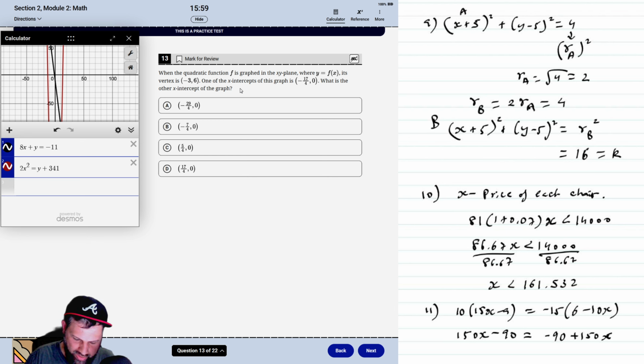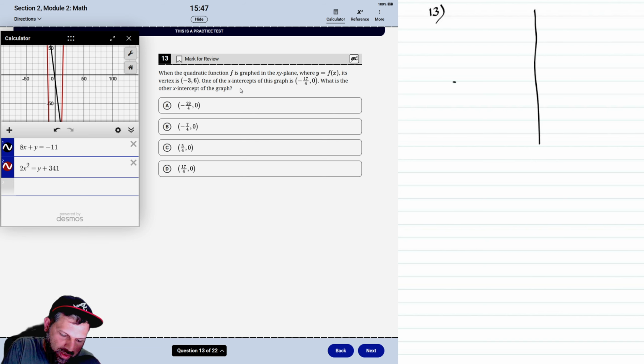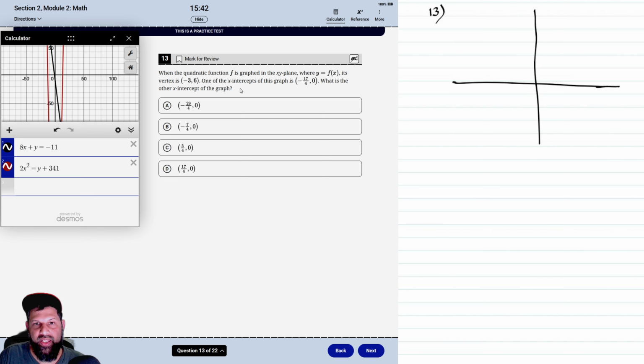Okay, so I think here what makes sense for us is to maybe draw a rough graph of this. And one thing that you will note here is the x-intercept. One of the points for the x-intercepts is -17/4, which is less than the x value of the vertex.